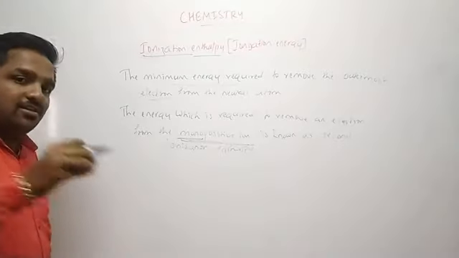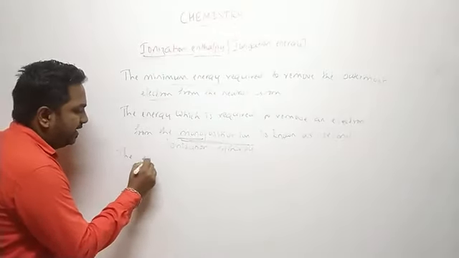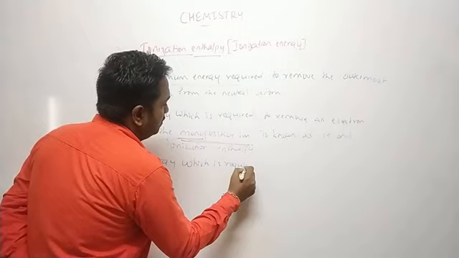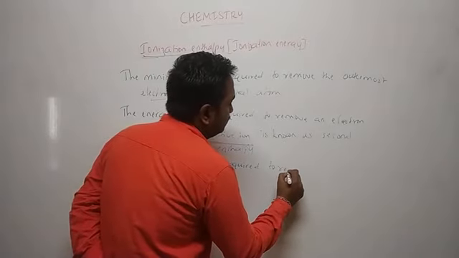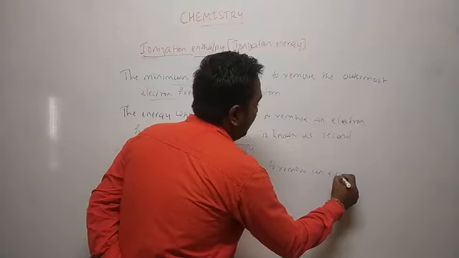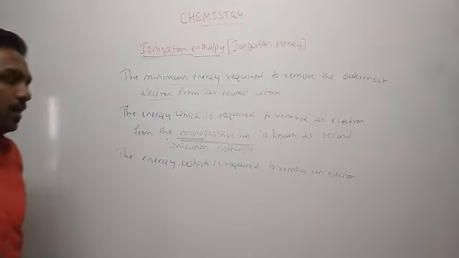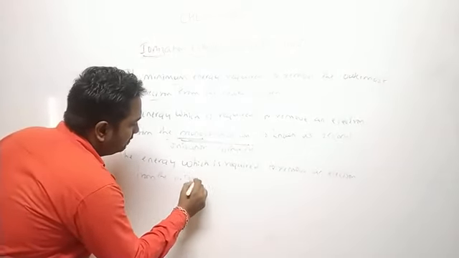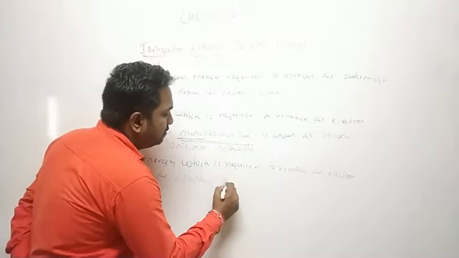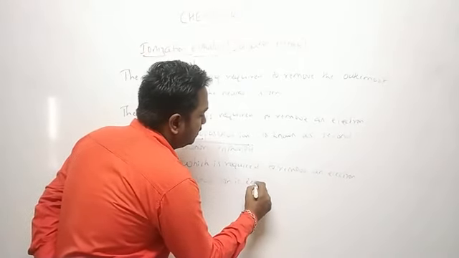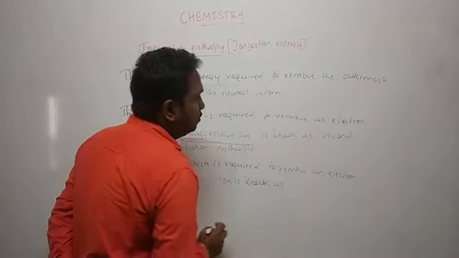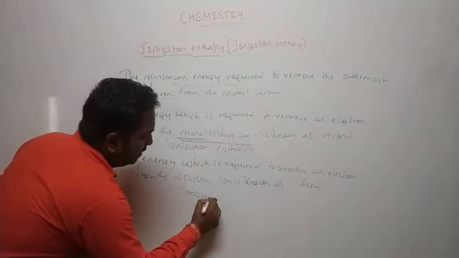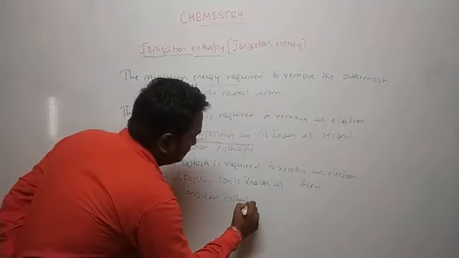Now if we have to remove the third electron, the energy required to remove an electron from the dipositive ion is known as third ionization enthalpy.